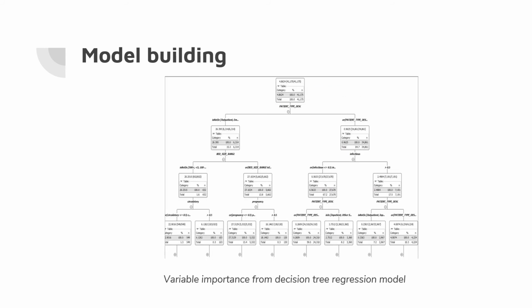So this is a part of the decision tree regression model that we developed for one of our model building efforts. A decision tree regression model is a type of model where the dataset is broken into smaller subsets that follow the form of a tree structure. The topmost node is called the root node, and the decision nodes follow 2 or more branches.